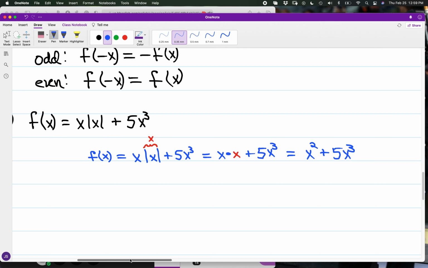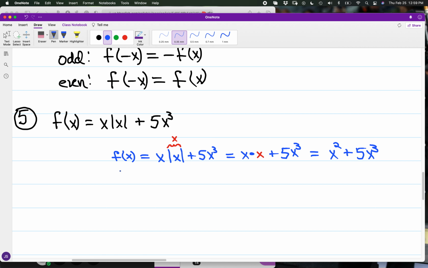Now for f of negative x, this one is a little bit tricky. I'm replacing x with negative x.